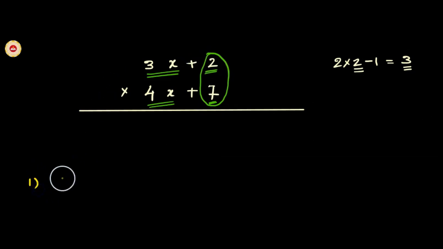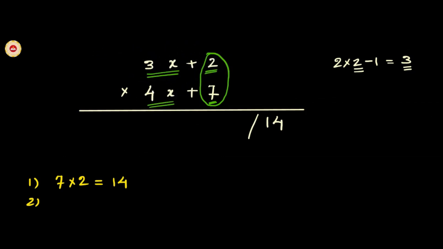See, the first step is 7 multiplied by 2, which is 14. So write 14 in the first part from the right side. Draw a slash to separate. What is the second step? Include this second column. Join this second column to the first column.